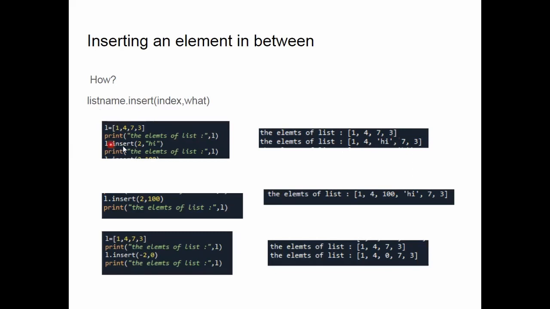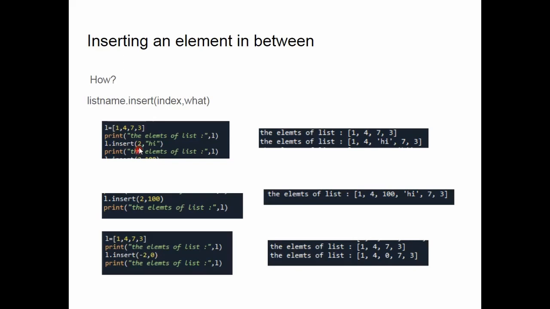Now I want to insert something new in between. With append and extend we can add elements at the end, but I want something to be inserted in between, or in the beginning, or in the middle position. So the index is where I want to insert something.